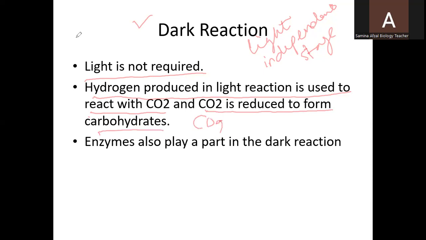It means carbon dioxide and hydrogen will form carbohydrates or glucose. And all metabolic reactions require enzymes, so enzymes are also required for all these processes.